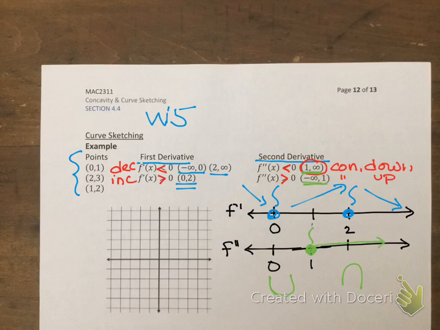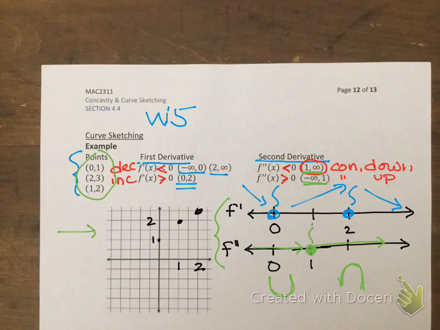You are concave up from negative infinity to 1. So concave up here and down here. Now, go back and see if you can plot these points and successfully graph this information on your X and Y coordinate axes.